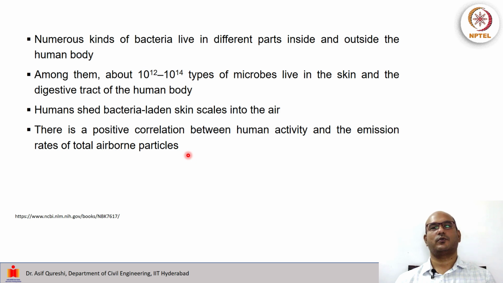However, if one looks for microbes specific to the human body and then sees how many of them are in the indoor air and to what extent, and if a good match is found, then we can say that human-shed microbes are the main contributor to the bioaerosol of an indoor air environment.